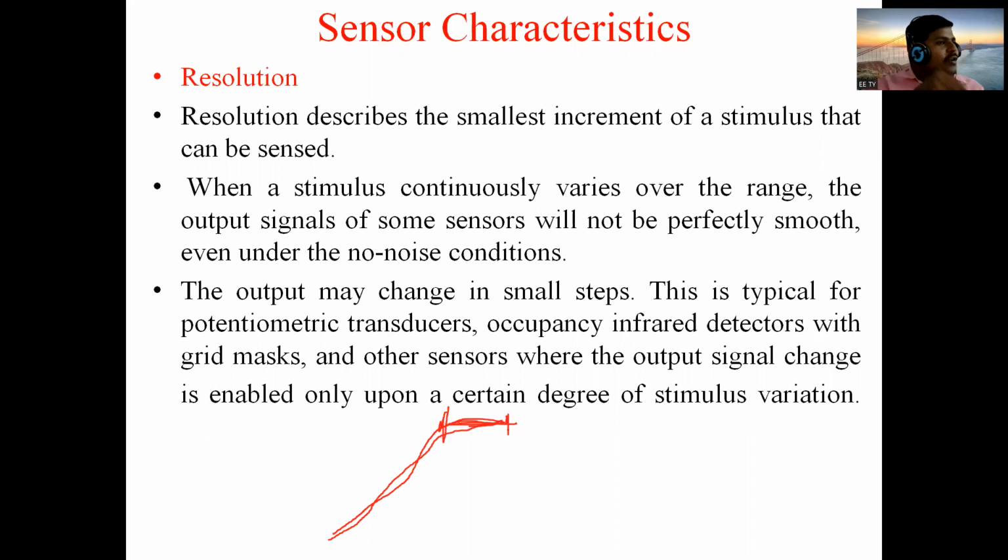Suppose you want to stop the sugar in a bag at exactly 50 kg, but a smallest increment is there, suppose 1 gram of increment. Then it can also be sensed.